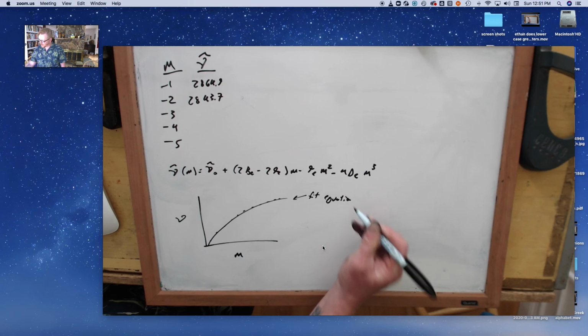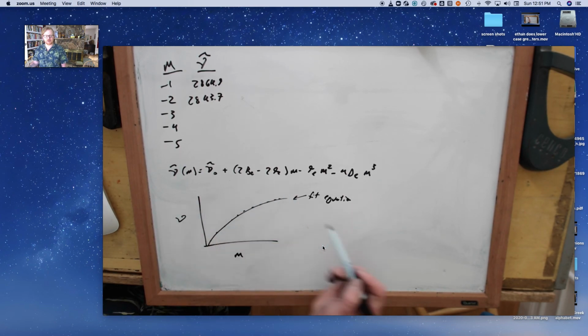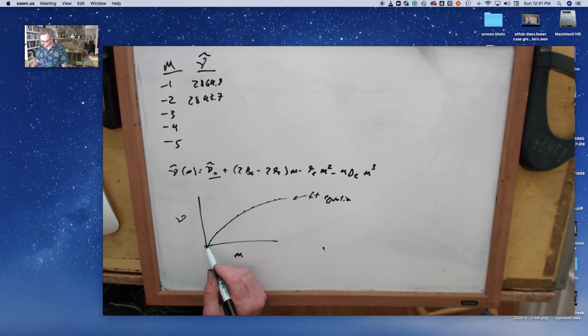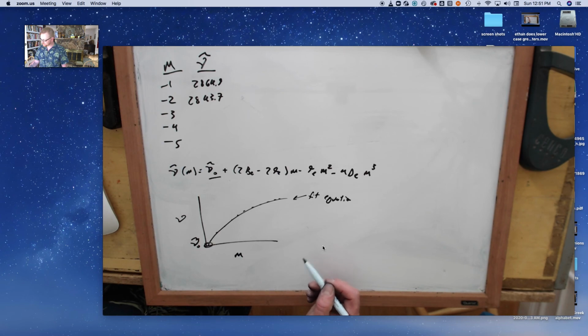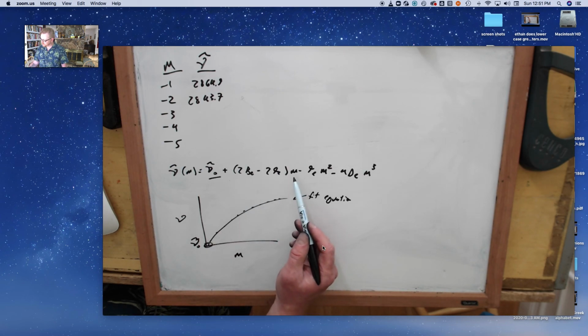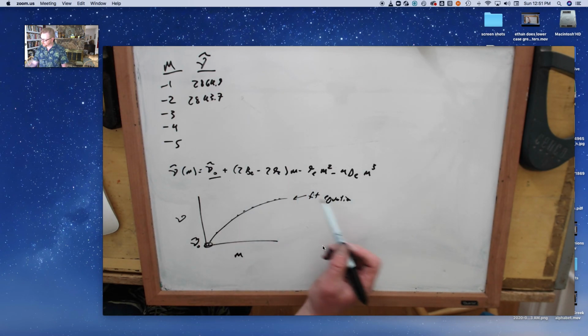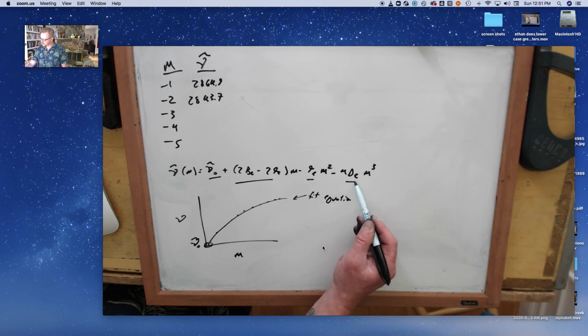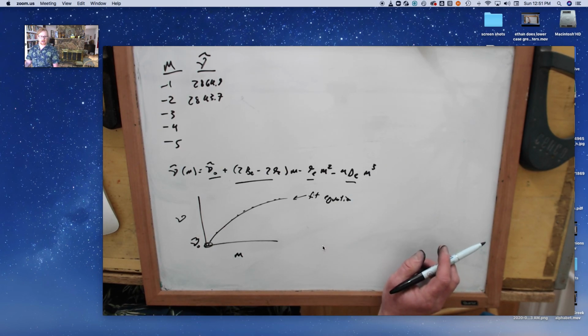And that fit equation will give you, so you notice here that the y-intercept will correspond to that nu 0 value. And then you notice that here goes m, m squared, m cubed. You can think of those as the x's. So all of these will be your fit parameters, okay?